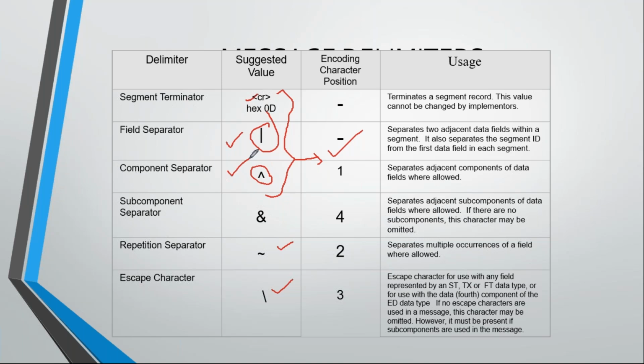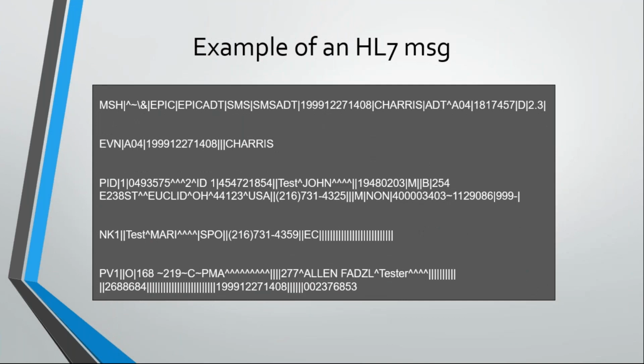So we'll quickly take a look at a sample message to understand how the architecture is. So we'll see an HL7 message. This is how an HL7 message looks. Each line is going to represent one segment, and I have divided them. Basically, they will be all together, but I have divided them so that we can have a very clear view of what an HL7 message is.